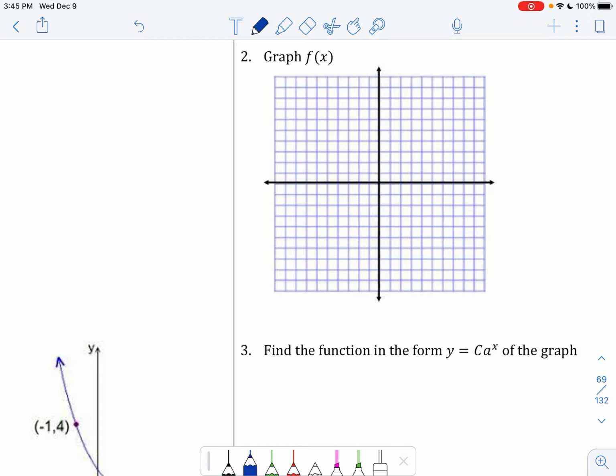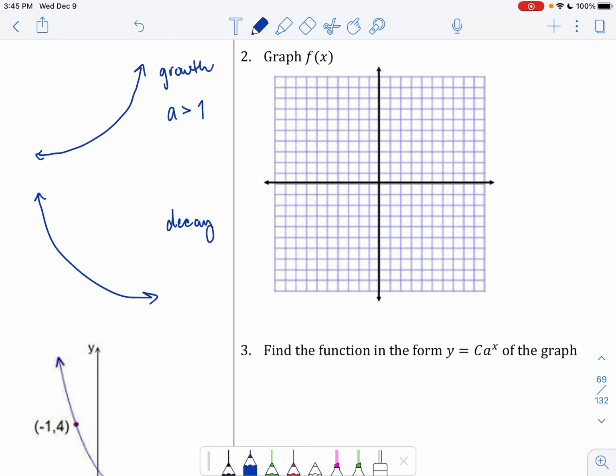With exponential functions, you are probably used to seeing something like this. This is what we call exponential growth because it's getting bigger over time. This is the idea where a is greater than 1, so the base is getting bigger. You also might have exponential decay, so think about radioactive decay from your science class.